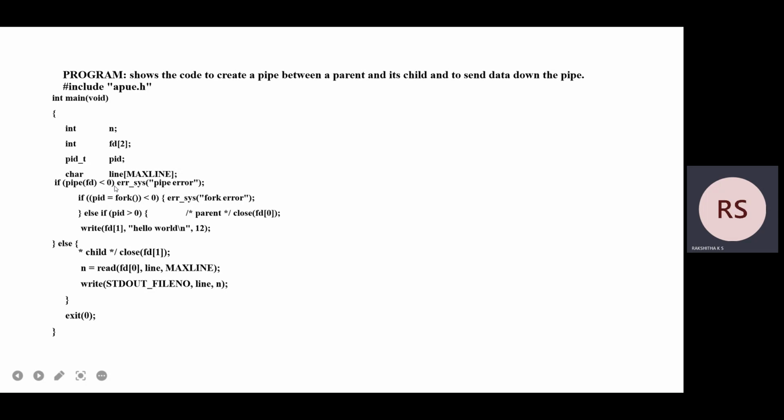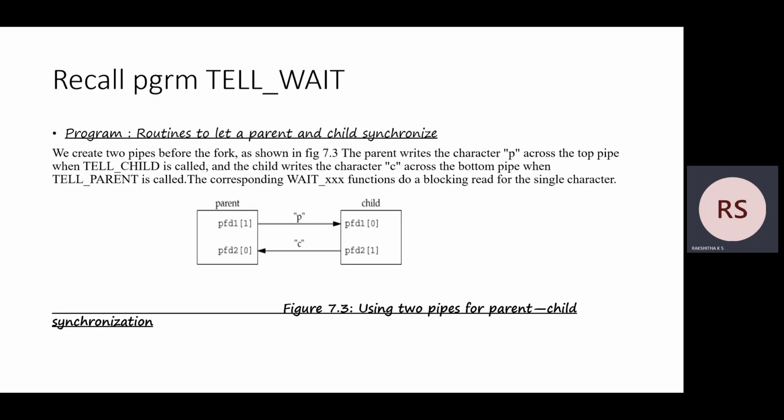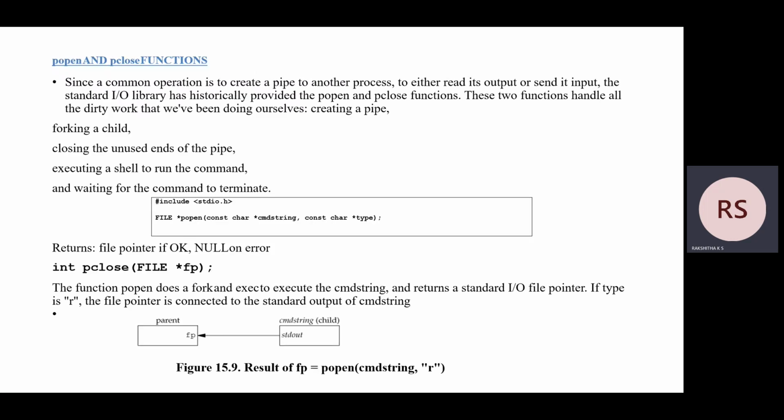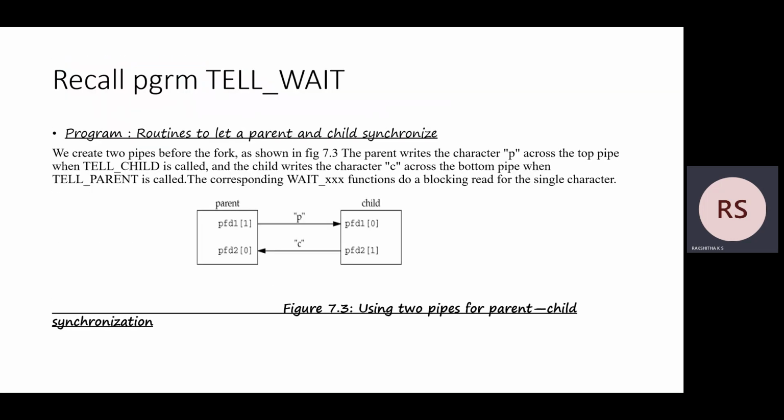If the pipe call returns less than 0, an error is reported. Writing to fd[1], hello world can be printed. In the next topic, we will recall the program and discuss the wait function, which we'll cover in the next session.